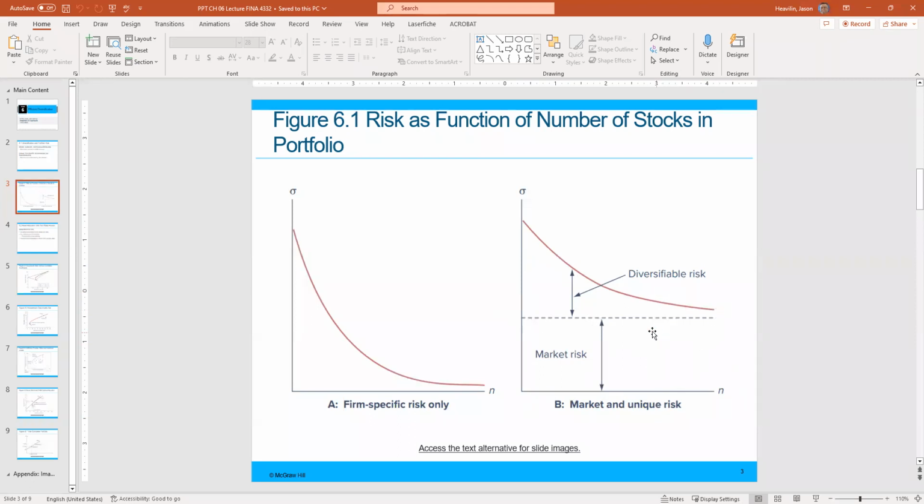That's as far as you can go. The more stocks you have, the closer and closer you get to the line, but you will not get below it. This here is just this piece by itself, the top part. That's all they're saying, that you can add stocks and bring down the diversifiable risk. So this line, I guess you can say, is the same as this dashed line here. And that's what this is trying to represent.